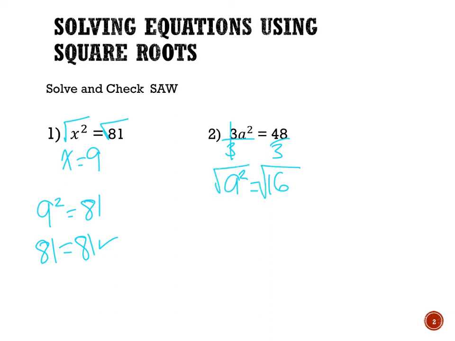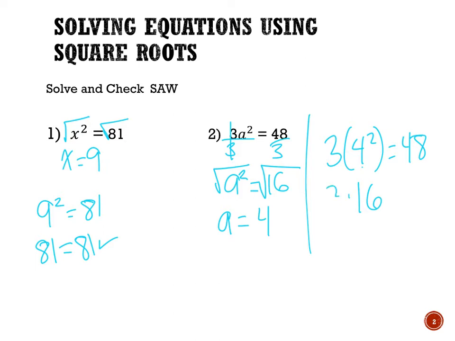Square root of a squared equals a, and the square root of 16 equals 4. If I check it, 3 times 4 squared equals 48. 4 squared equals 16. So 3 times 16 equals 48. Checks out.